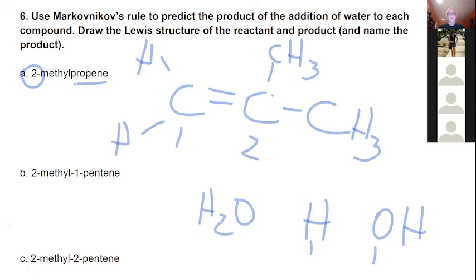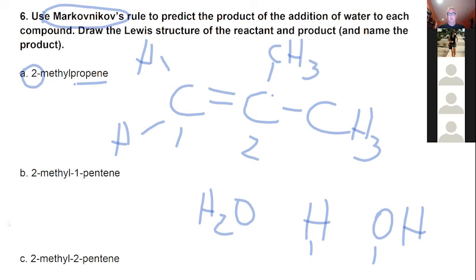hydroxyl group. So who's going to get the hydrogen, carbon 1 or carbon 2? Remember what Markovnikov's rule was? More hydrogens get more hydrogens, right. So who gets the hydrogen, carbon 1 or carbon 2?